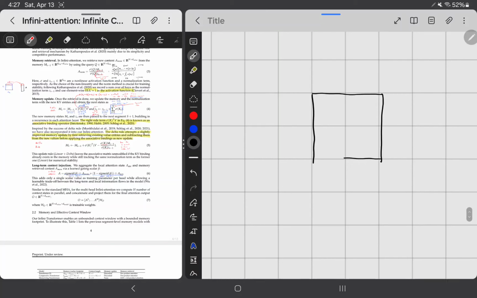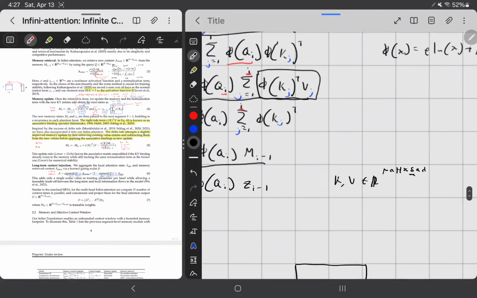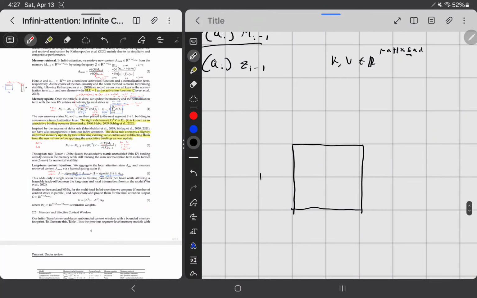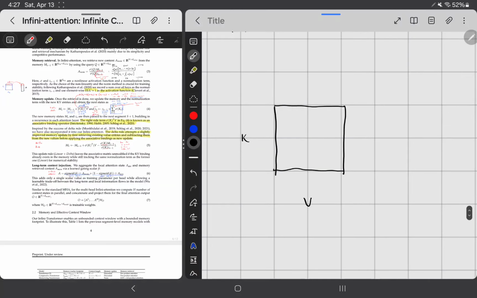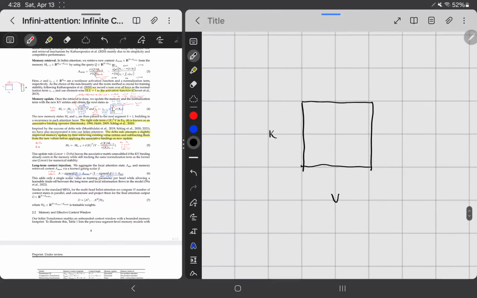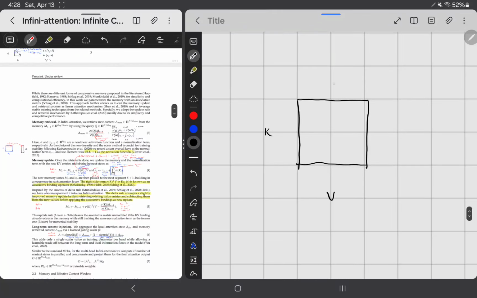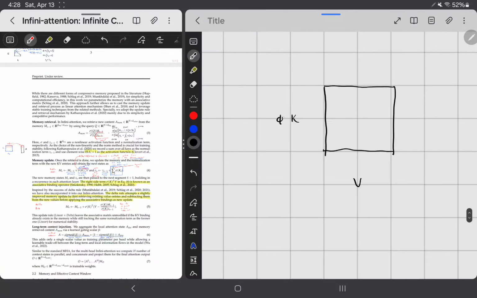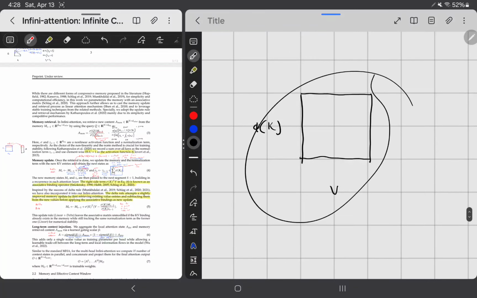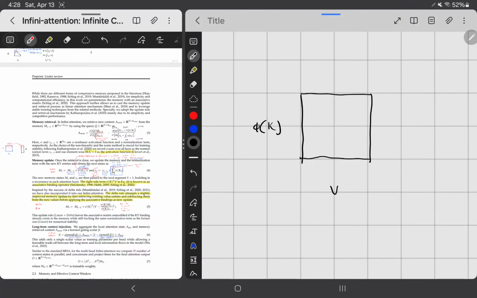And the outer product creates this matrix, which is going to be a KV matrix, or rather a phi KV matrix here. And this is essentially your hidden state between every part of the RNN.